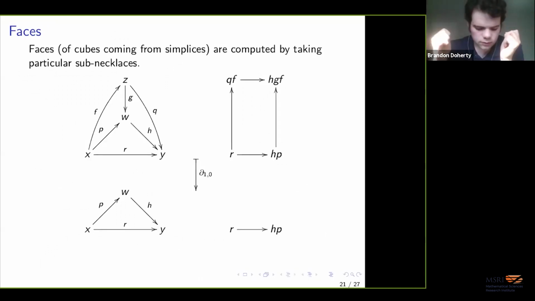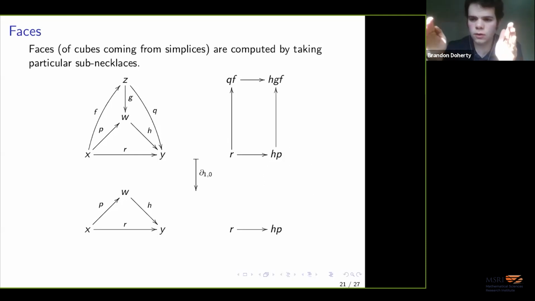Right. So how do we compute faces of these cubes? Well, the faces are computed by performing certain operations on the necklaces representing a cube, specifically by taking certain sub-necklaces. So to take the zero face of a necklace, say specifically a necklace that's just a simplex, so it has a single bead, those will all correspond to the inner faces of that simplex.